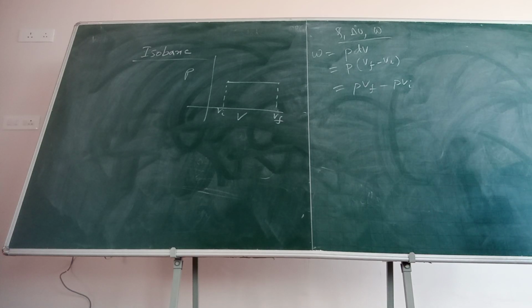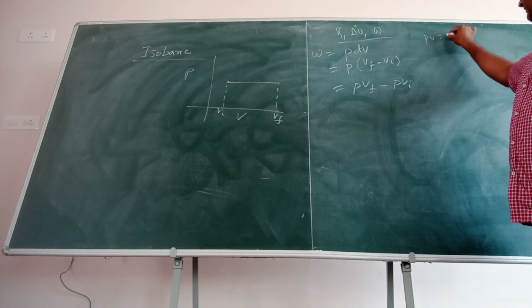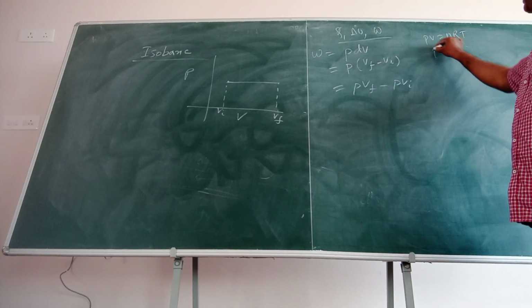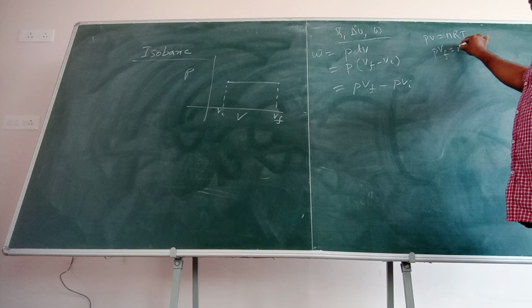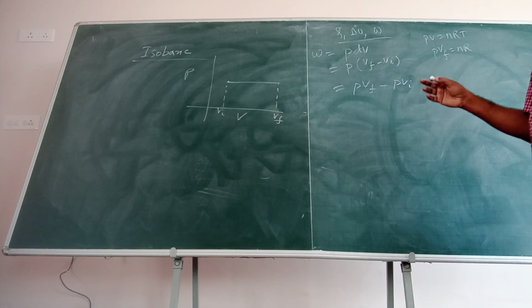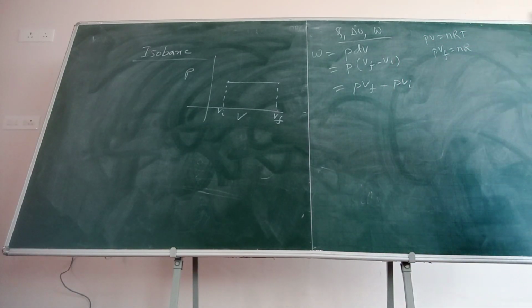But nevertheless, we are dealing with the ideal gas equation, PV is equal to nRT. So can I write here PVf is equal to nR times the temperature corresponding to it? See, isobaric doesn't mean isothermal.